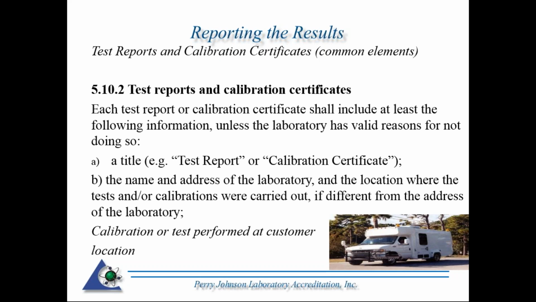If you look on our scopes of accreditation or even your own scope, you might have a subscript F, which means you're accredited to do it at the fixed facility. You may have a subscript O, which specifies you can do the calibration or test at the customer facility. So if the test or calibration is being done at someplace else other than the fixed facility, that needs to be identified on the report or certificate.